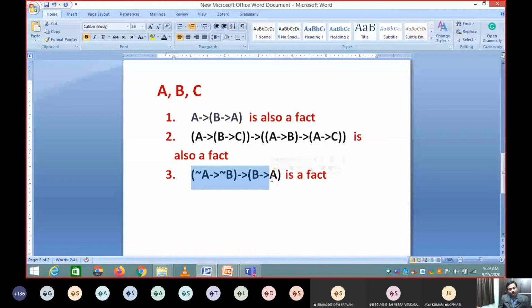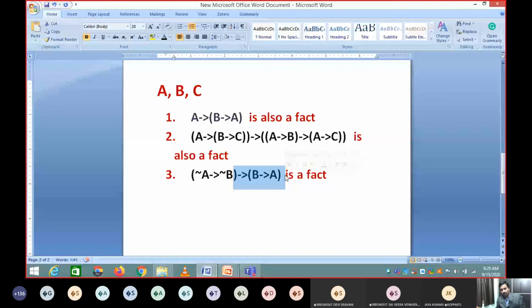But you need to understand here, when I write A here, in your textbook it will be something like alpha, beta, gamma. So ABC represent alpha, beta, gamma in your textbook. So I write negation of A, negation of B. I have written a reverse here, which is also a fact.